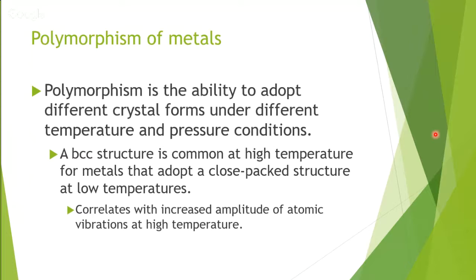So in some cases, and especially this is true for metals, they have a body-centered cubic structure at high temperatures, but then if you cool them down, they settle into a close-packed structure. And that probably is due to increased energy at higher temperatures, which increases amplitude of atomic vibrations and separates those atoms a little bit from each other.